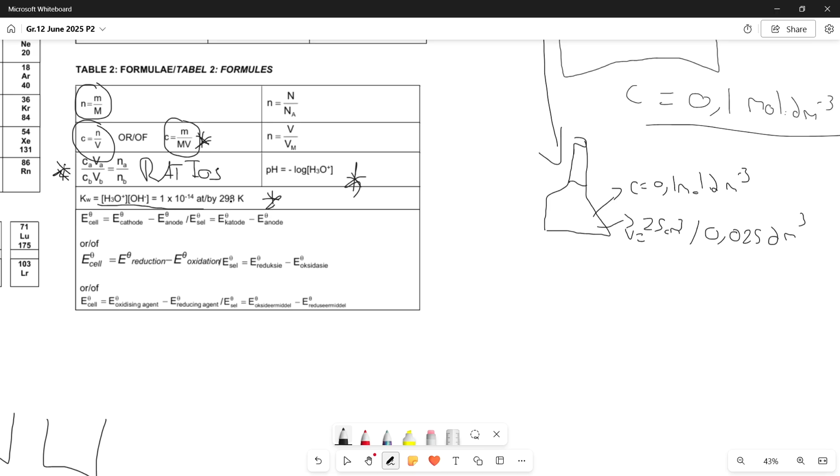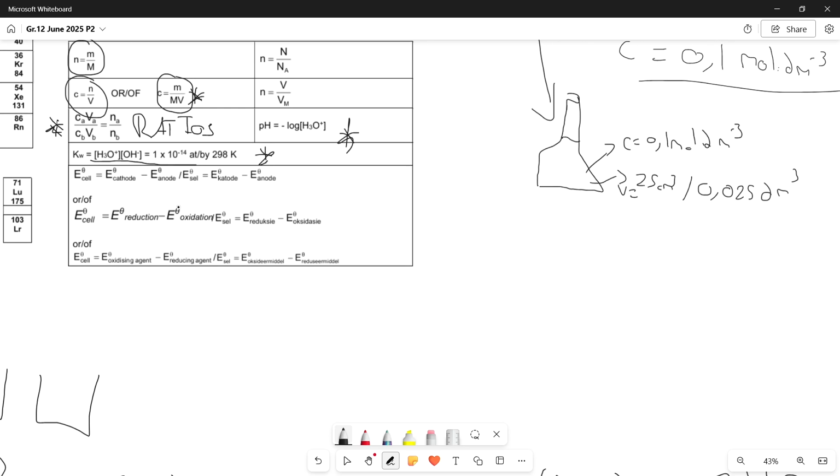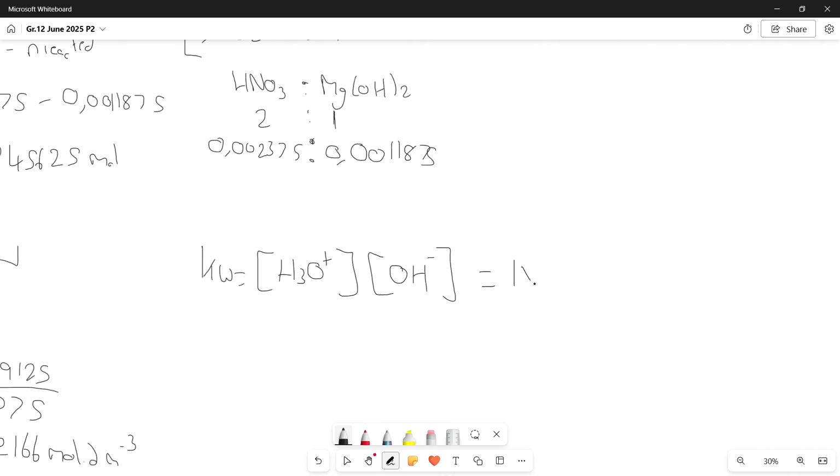It says at a certain temperature, 298 Kelvin, but they didn't specify temperature. But if ever we have OH minus ions, we have to work with this formula, whether they speak about the specific temperature or not, unless they specify another temperature and another value for this, which just means we can go ahead and write 1 times 10 to the -14 equals 1 times 10 to the -14.